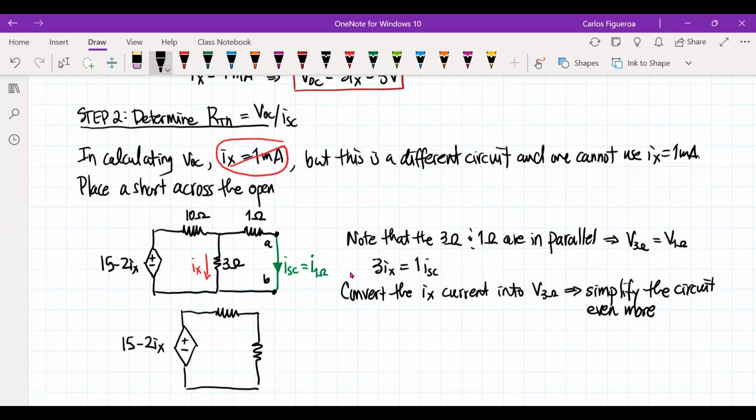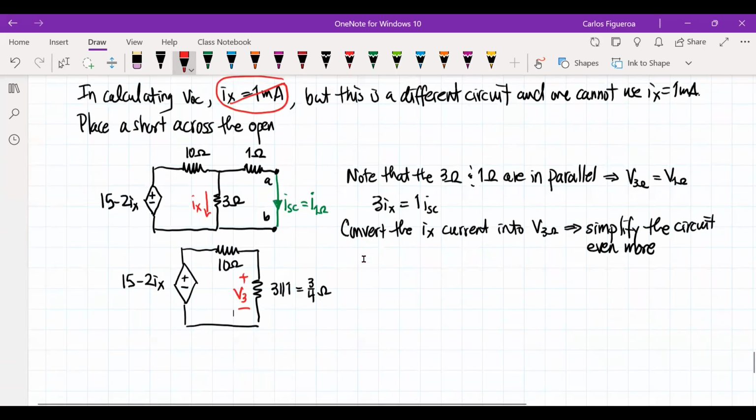So this is 3 parallel to 1. Of course, this is 10. And you can see that if I compute that, this is 3/4 of an ohm. So now I'm going to say that this is the voltage across the 3 ohm. It's really the voltage across the 3/4 of an ohm, but I'm just using notation because we know they're all the same.